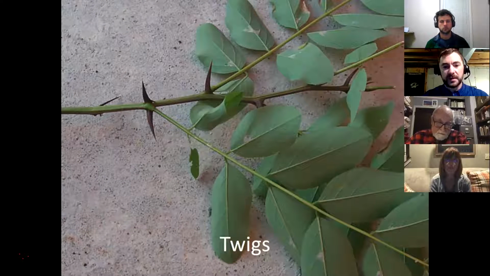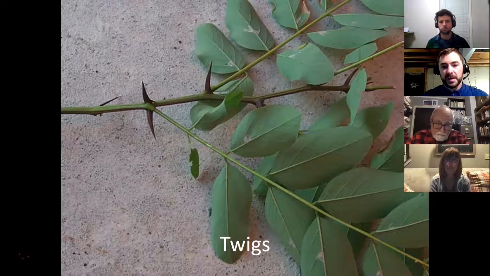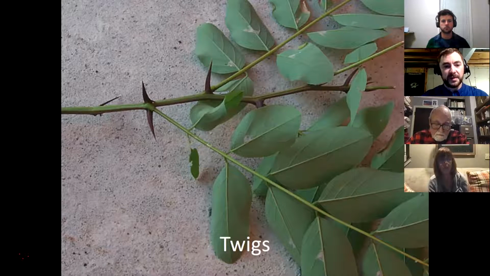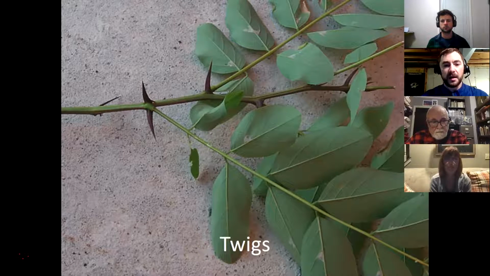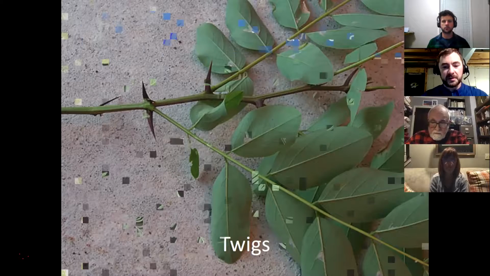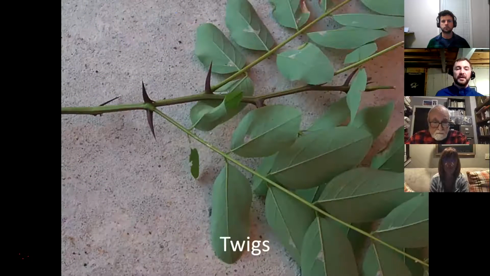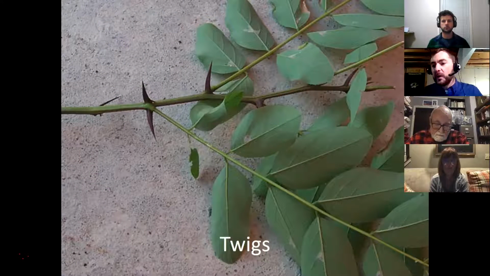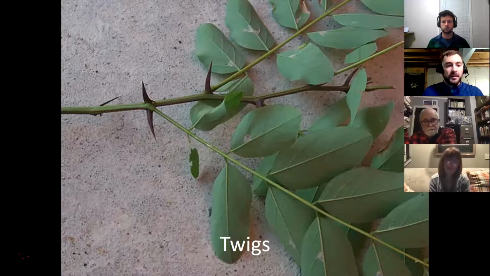The twigs, you've got the thorns there, and then also we'll get into some of the bud formations and the arrangement of a twig that can help us see why knowing what the twigs look like is so important. And one species that we'll get to, that I think lends itself really well to winter ID, aside from that decurrent shape, is your elm trees.